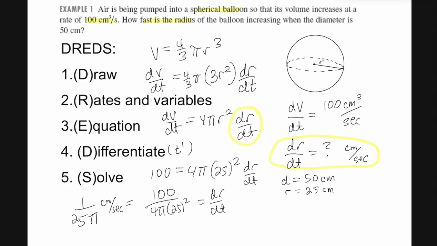The positives and the negatives are important here. If it's positive, the thing should be increasing. If it's negative, the thing should be decreasing. So the fact we got a positive answer is helpful because it tells us we were on the right track. So that's your first introduction to a related rates problem.